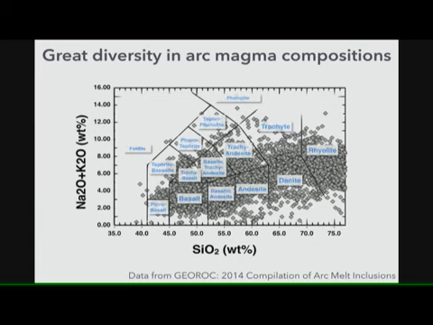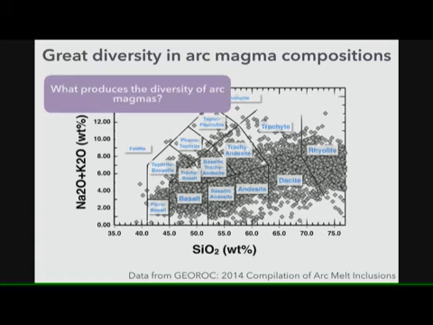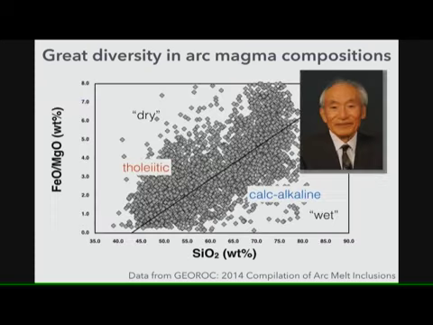This is one way we can look at compositional diversity of things generated in subduction zones. And the question is really what produces this diversity? Another way we can look at it is by this famous diagram. I thought I'd continue on in the tradition of putting up important figures in this work. So I gave you a lot of clues with this figure. If anybody knows what this figure is, you see on the surface is a primitive melt.